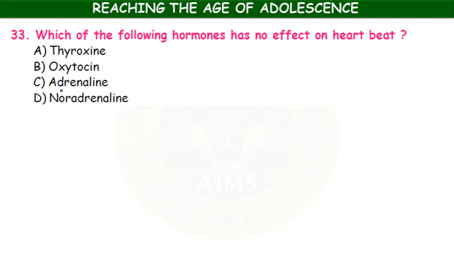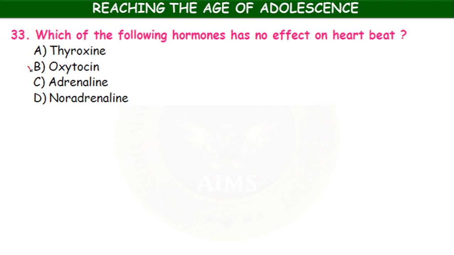Which of the following hormones has no effect on heartbeat? Thyroxine, oxytocin, adrenaline, noradrenaline. So here thyroxine, adrenaline and noradrenaline have their impact on the heartbeat.